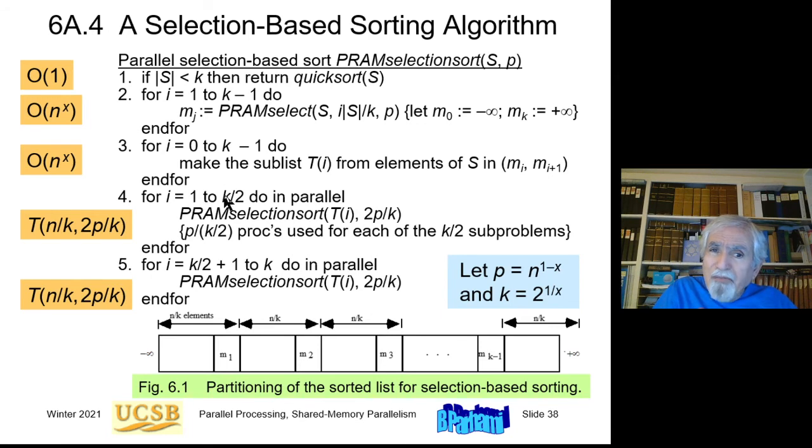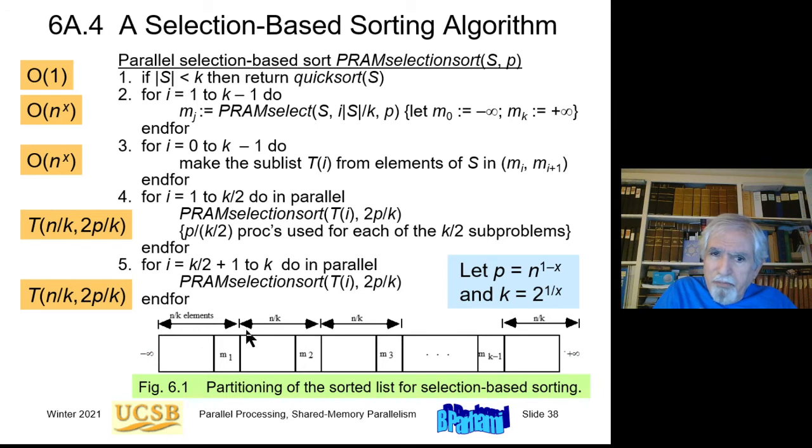So we sort half of those sublists in one iteration of this loop, and the other half in the other. We recursively call PRAM selection sort, which is the original algorithm, to solve the first half of these subproblems, and then call it to solve the second half of those subproblems. And as I said, I will explain why we can't do all of them at once.